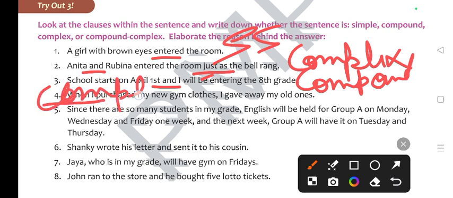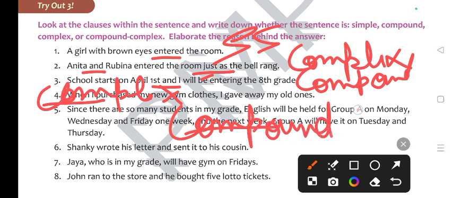ठीक है. Now when I purchased my new gym clothes, simple when से लग गया, तो when आपका complex हो जाएगा. ठीक है. Now the next, since there are so many students in my grade, English will be held for Group A on Monday, Wednesday and Friday and the next week. So this is an example of compound complex. ठीक है?